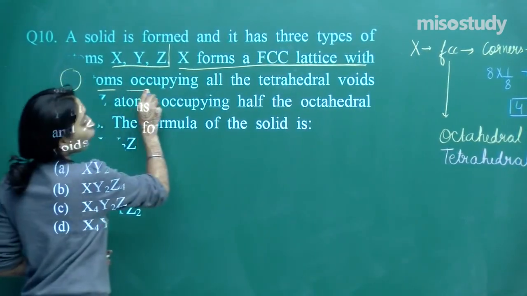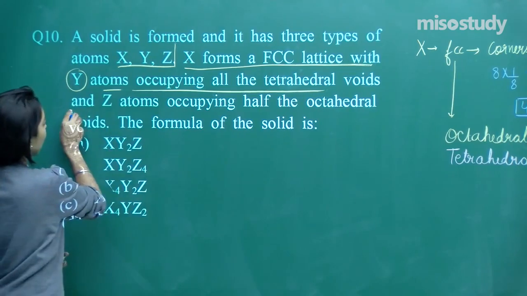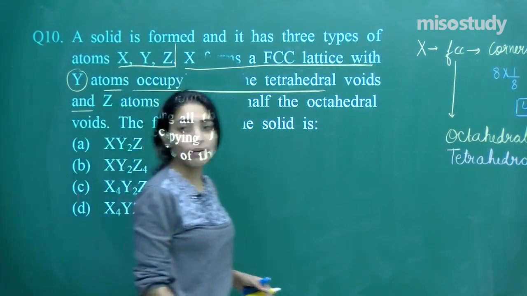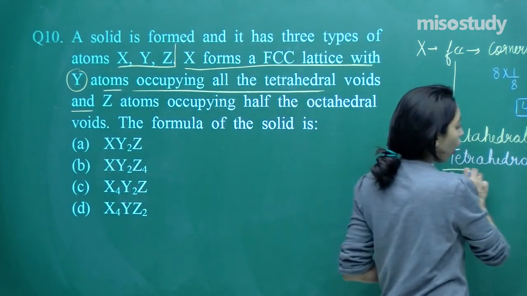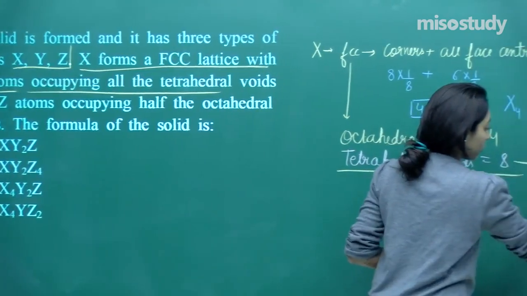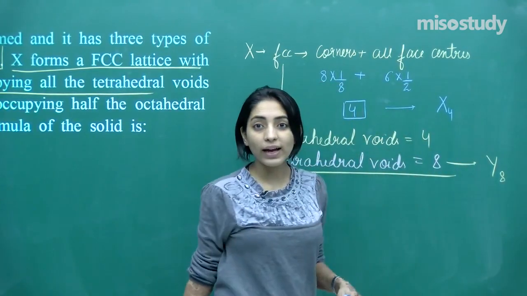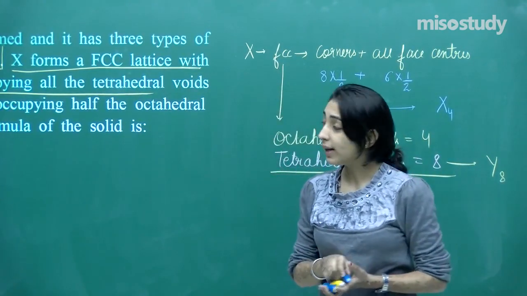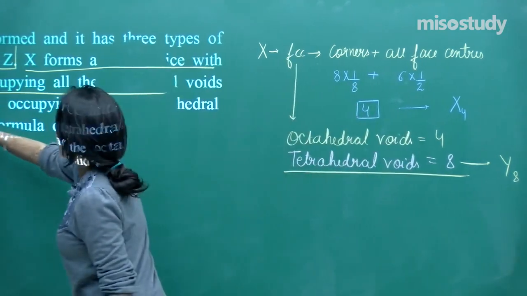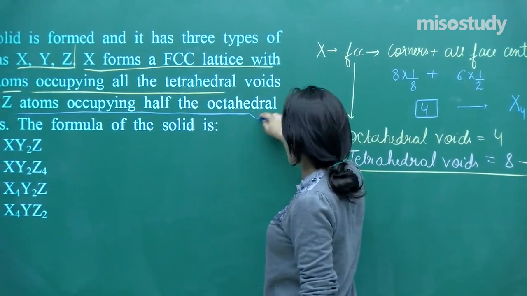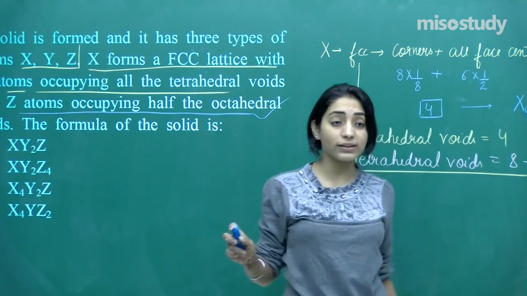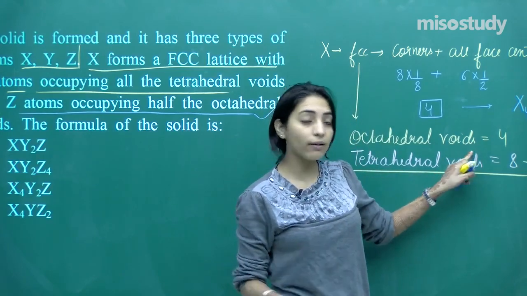Y atoms occupying all the tetrahedral voids. So if Y atoms occupy all the tetrahedral voids, can I say there will be 8 Y atoms in all? Okay. And the Z atoms occupying half the octahedral voids. How many octahedral voids are there? 4.